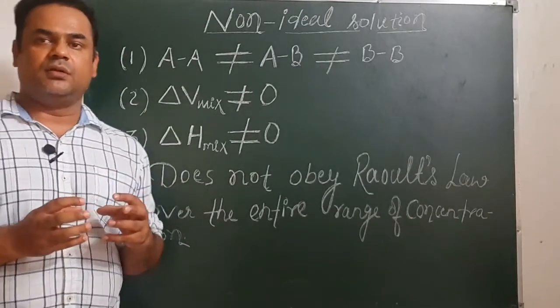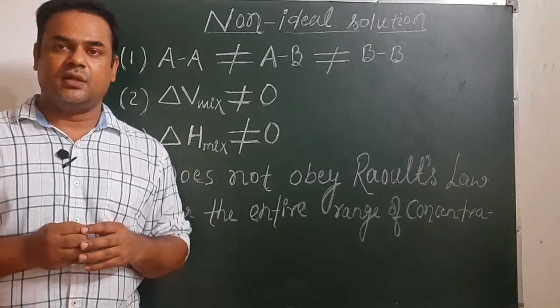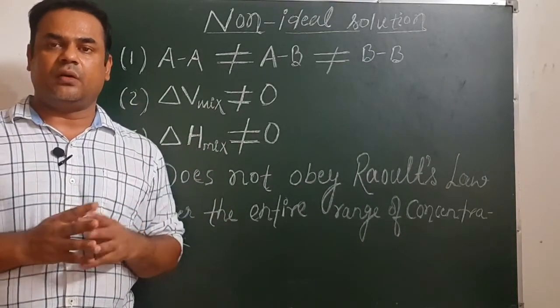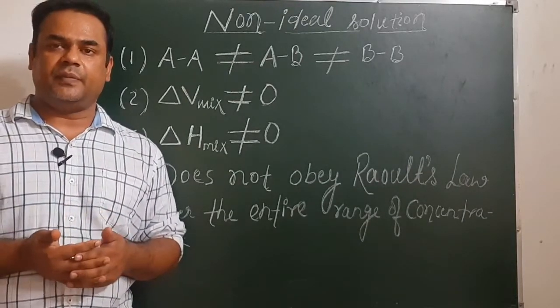When we mix two components of a solution, solute and solvent will interact. If both are volatile, both components will go into the vapor phase and have a certain vapor pressure.